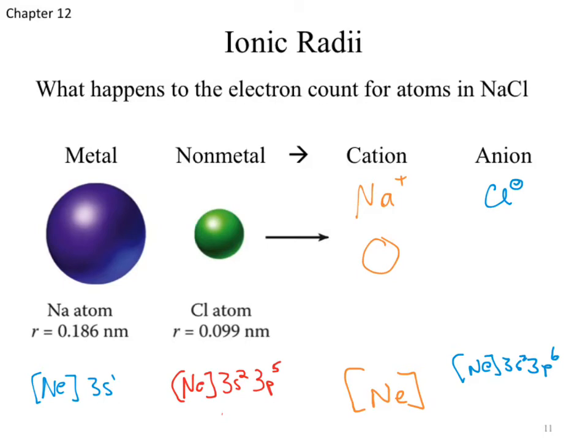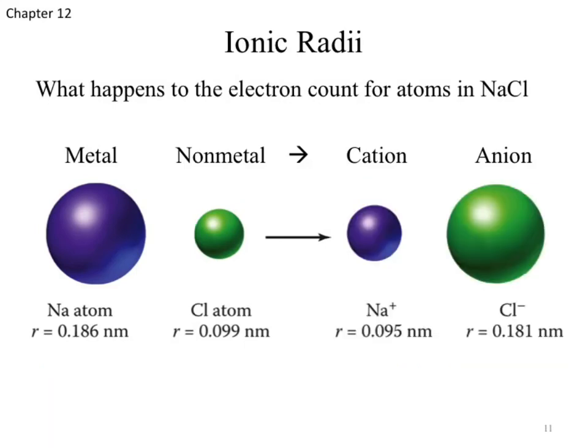No. So that electron is now going into the same energy level, but the nucleus doesn't have more charge to hold it. So what happens to the size? It gets bigger. If we look at an image for our sizes, we see a complete swap in the sizes when we move to our ions. Our anions will get bigger, our cations will get smaller. All right, and we will pick up there on Thursday.